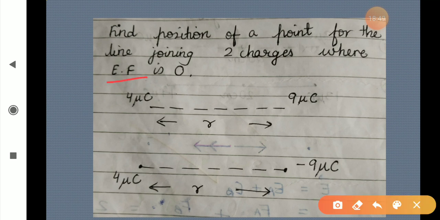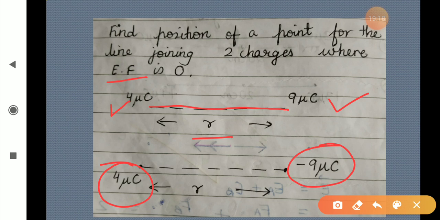We have two charges, 4 microcoulomb and 9 microcoulomb at distance r, and we have to find out a point on this line joining these two charges where the electric field is 0. So one condition is this one and another one is this one. We have this 4 microcoulomb here and minus 9 microcoulomb here, and we need to find out a point where electric field is 0. So these are two different problems.